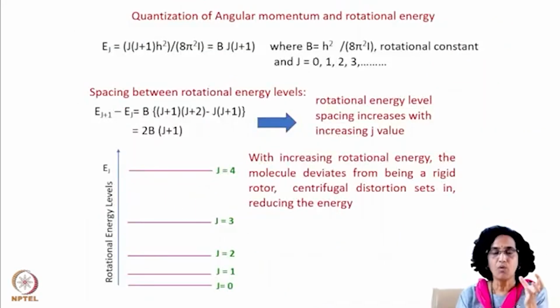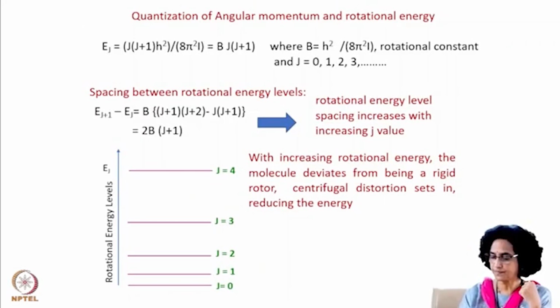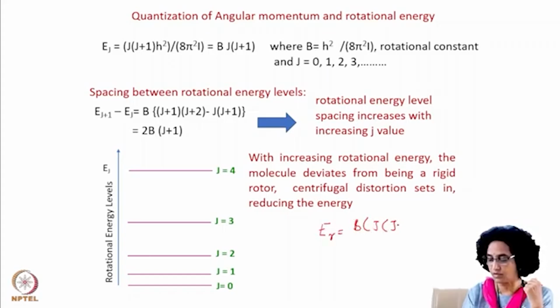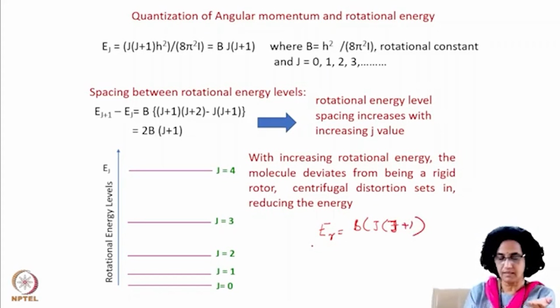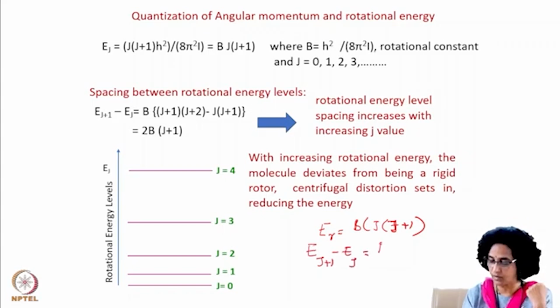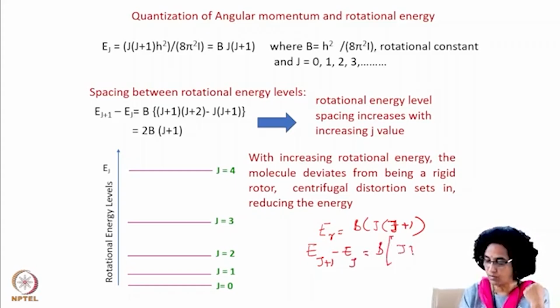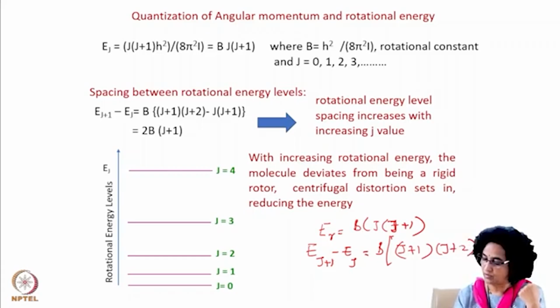Now let us see what is the spacing between two rotational levels. We have seen that E rotational is B into J into J plus 1. So if we consider Ej, and try to find the difference between Ej plus 1 and Ej, this is equal to B, which is already a constant, times J plus 1 into J plus 2 minus J into J plus 1.